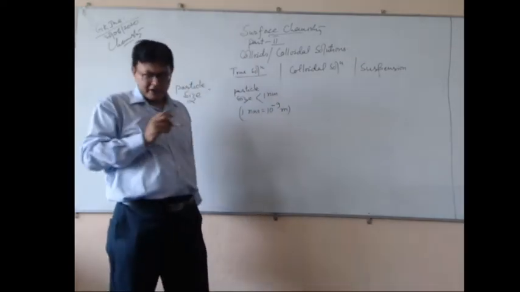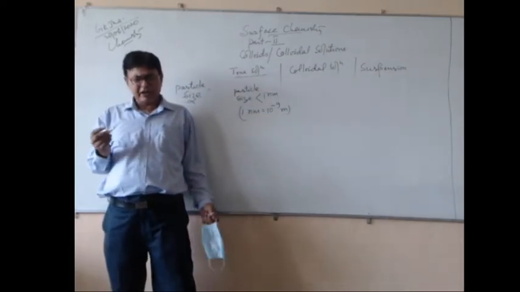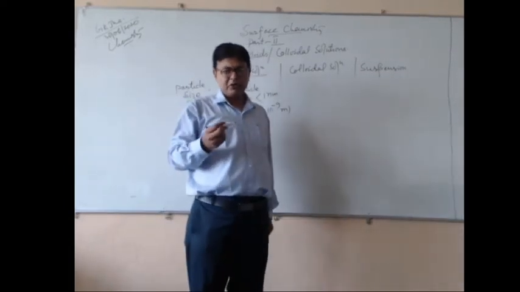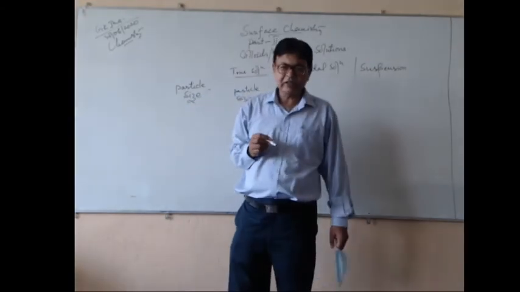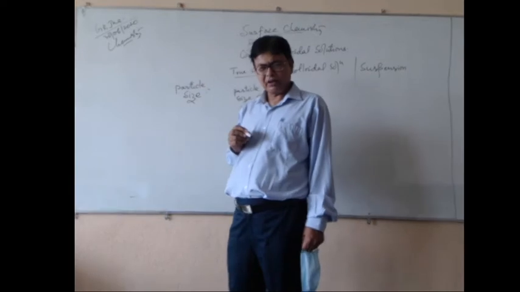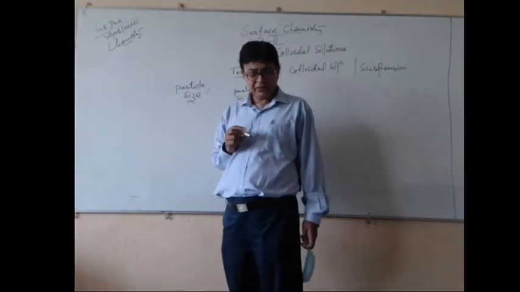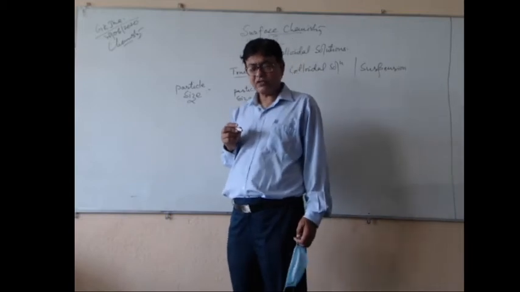So in case of a true solution, one example you can take: common salt, sodium chloride, you dissolve into water. This makes a solution. This is an example of a true solution. Many such solutions you have which can be categorized as true solutions.